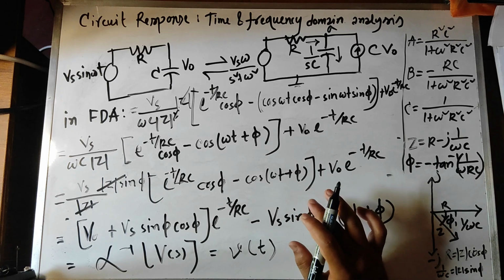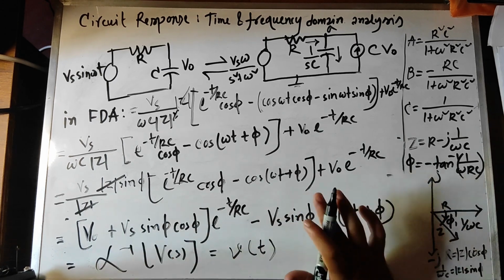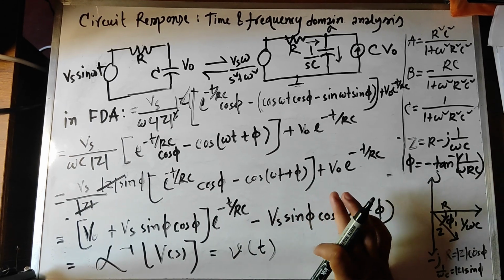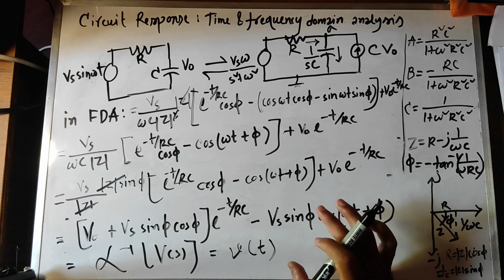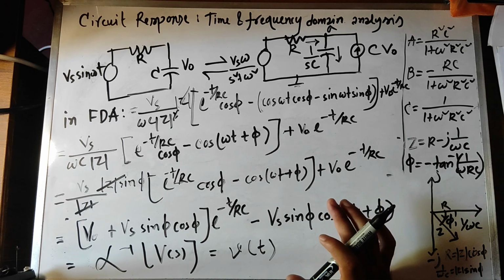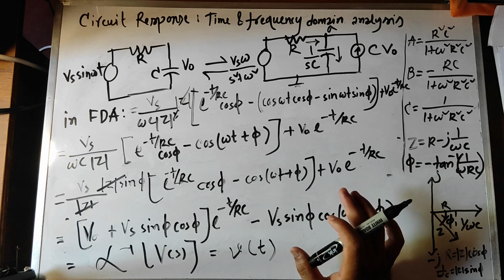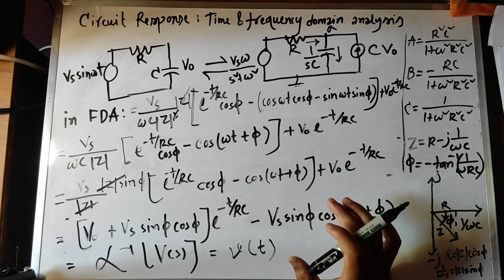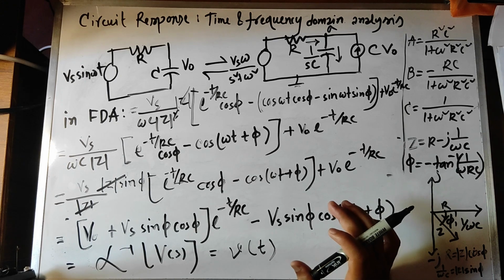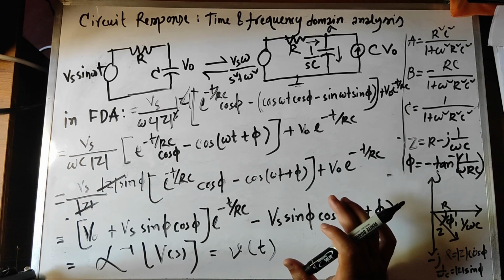If this extra term wasn't here, then I think it will be the same perfect answer as we got in RL sinusoidal response. So do discuss it among yourselves and with your professors, teachers.